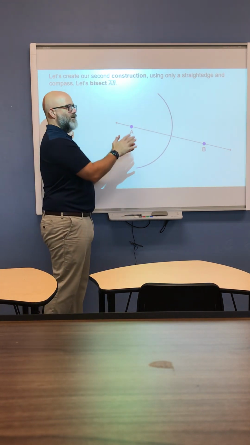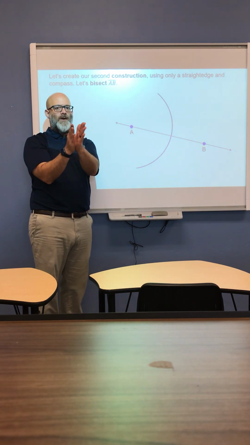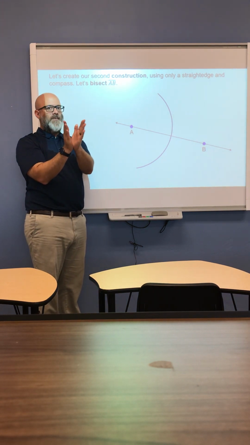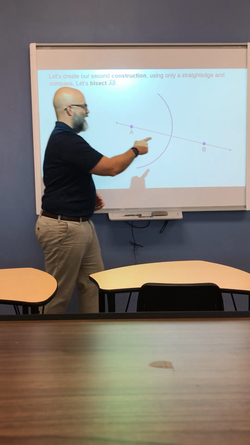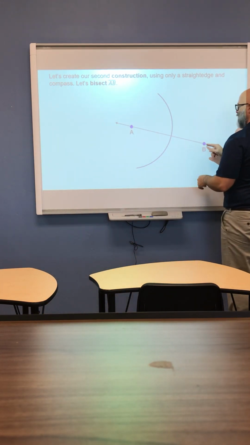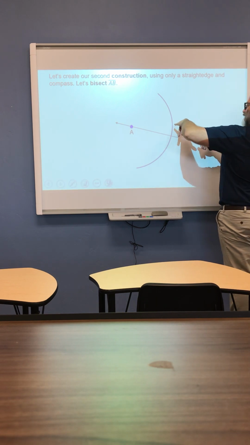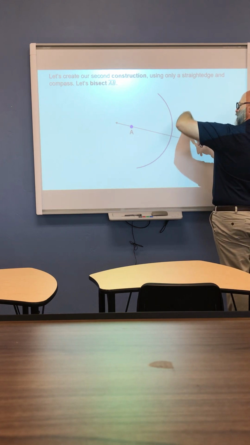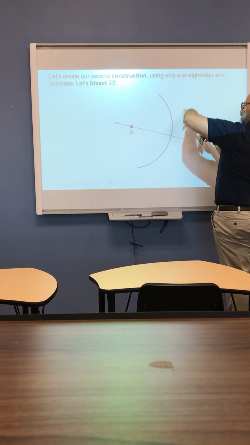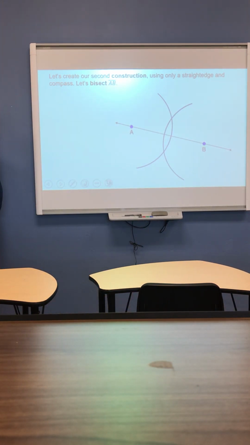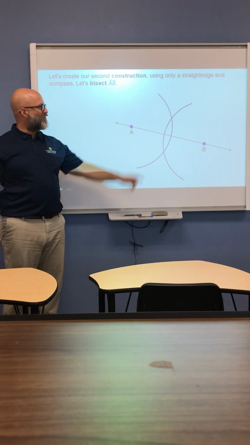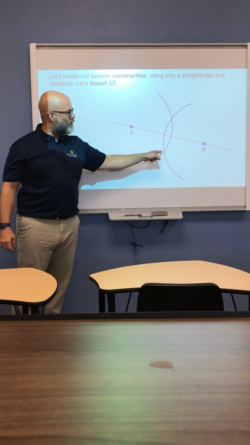Then, without changing how wide open your compass is, keep it the same. Pick the sharp end off of A, put the sharp end on B, and with that same size, you're going to swing another arc, just like that. All right, now you'll notice the arcs intersect at 2 points.